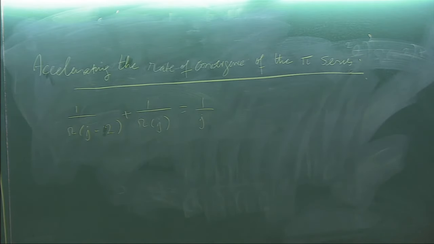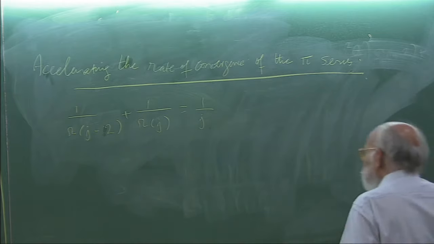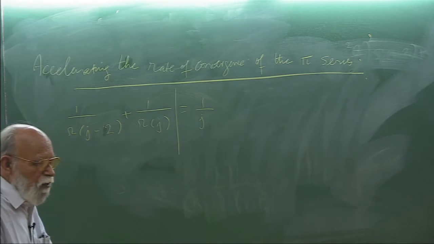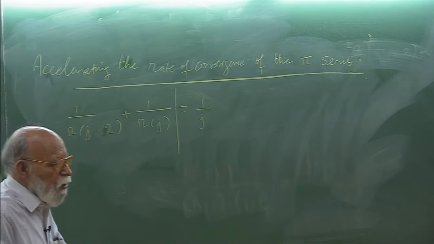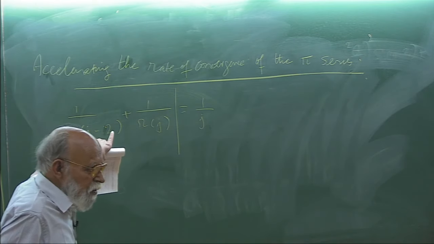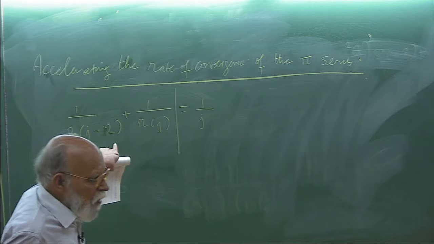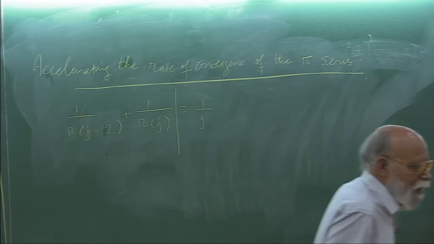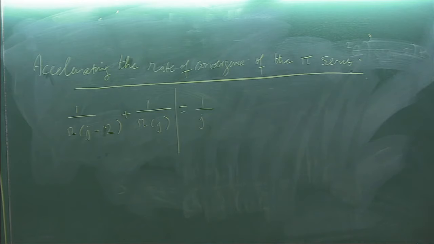He says, in principle, all you have to do is, if you have a good estimate for the remainder, instead of 1 over j, use this. And if you simply put this here, it will be an identity. There is no content in it because it's always obeyed.